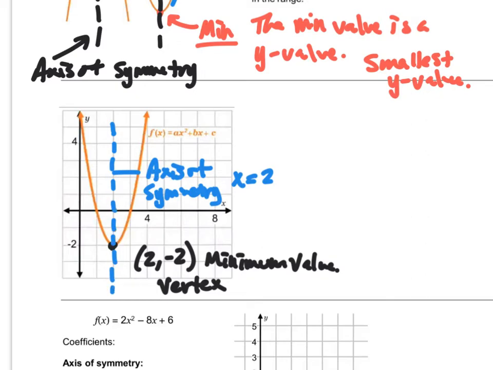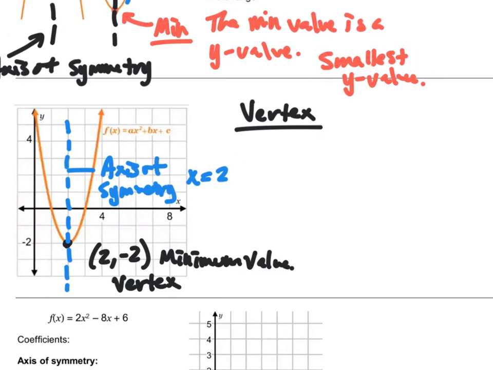I want to show you how we get this. I have this function, f of x equals ax squared plus bx plus c, and if I wanted to find the vertex, which will give us our minimum or maximum value, then I would say that x is equal to opposite b over 2a.